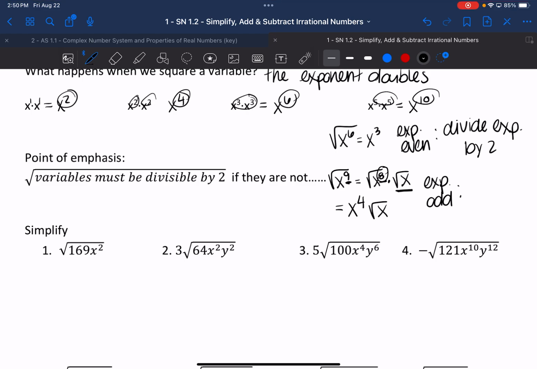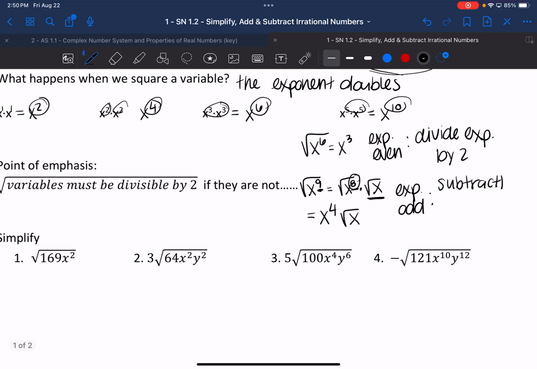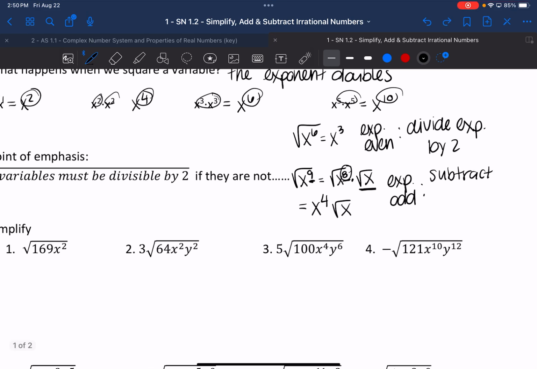We went from 9 down to 8. So take away 1 or subtract 1. And then divide by 2. All right? But don't forget, whenever we subtract 1, it still stays under that square root.